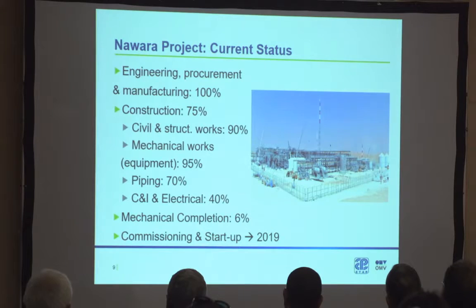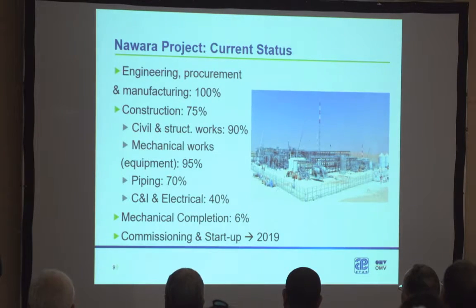The civil and structural works, which include the foundation, the pipe rack, the structured steel, is almost completed, 90%. The installation of the packages and the mechanical equipment is also almost completed, around 95%.